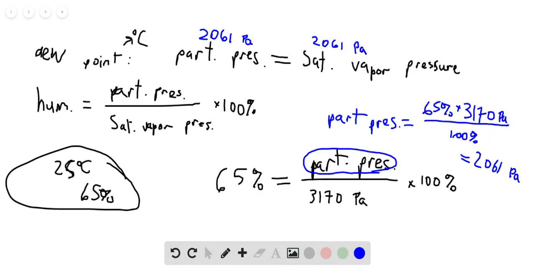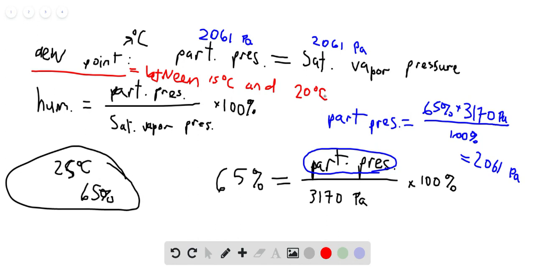And if we look at the pressure column and try to find a pressure of 2000 in there, it would be right in between 15 degrees C and 20 degrees C. So my answer to this problem would be the dew point equals between 15 degrees Celsius and 20 degrees Celsius.